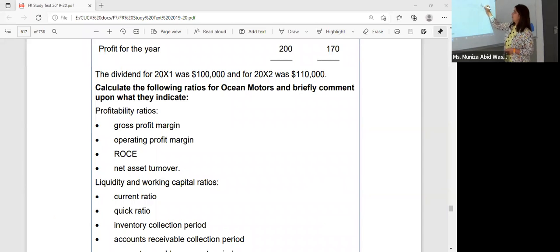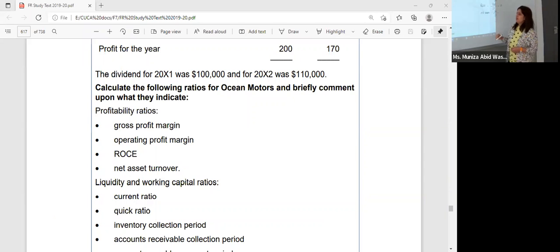Then we have return on capital employed: operating profit divided by capital employed multiplied by 100. Then we have net assets turnover: sales revenue divided by capital employed or net assets. You are going to get the answer in times for this ratio.